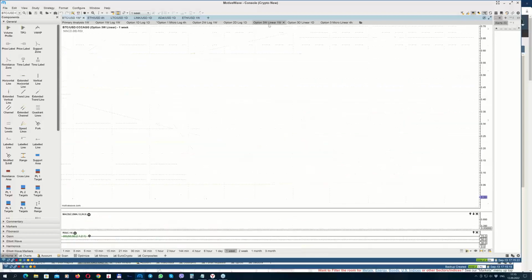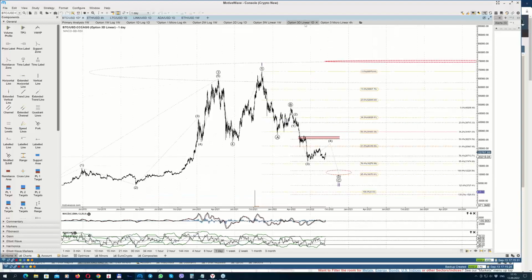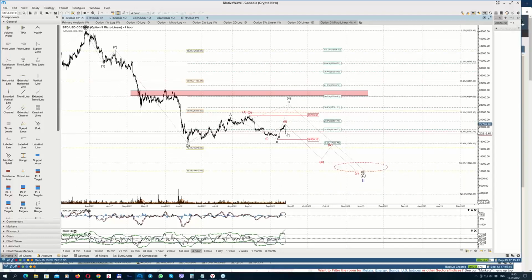And finally, the count projected on a linear price scale supposes that we are completing wave 2, but worth adding that ideal target for this wave 2 is 10 to 12,000 region. More details for this scenario. Above 18,560, possible extension in the fourth wave still points higher, but below 30,000 region, no evident signs of a low.